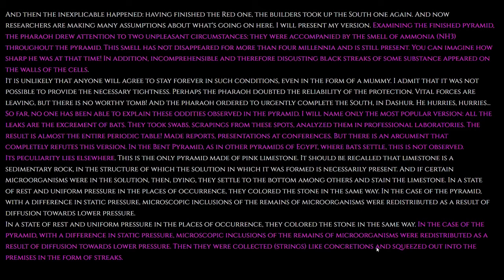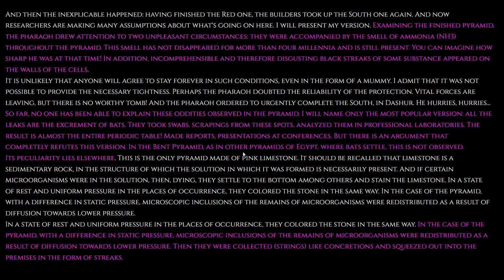It does not explain why the black nebulous staining in the upper vault of those chambers starts precisely at the third tier, nor does it explain the fluid dynamic patterns found in those stains. Also, I would say that the result of the chemical analysis taken from those samples from inside of the red pyramid, the fact that those results contain almost the entire periodic table, is a direct indication that this is not bat excrement.